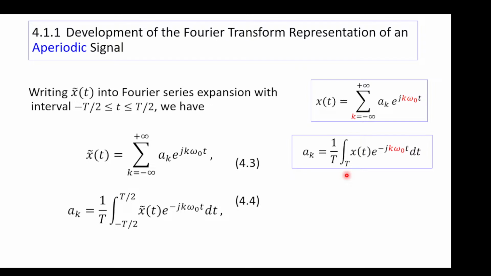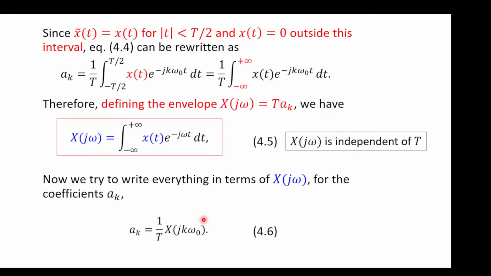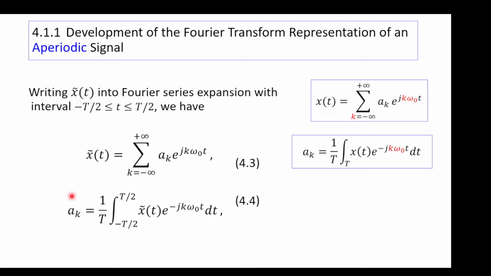Now we start doing something funny. We try to mimic the envelope function here. So a_k is 1 over T times the integral of x tilde of t times e to the minus j k omega naught t. One thing we see is that a_k is computed by integrating x tilde of t over one period, and we choose this from minus T over 2 to T over 2.